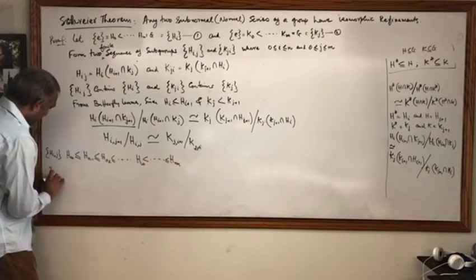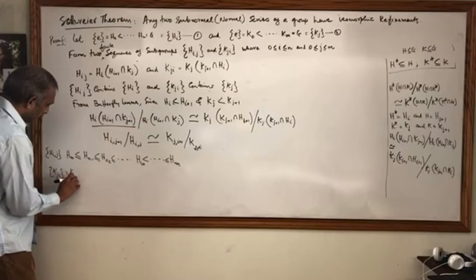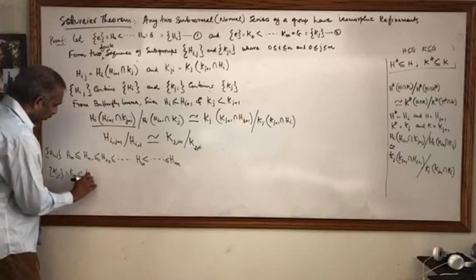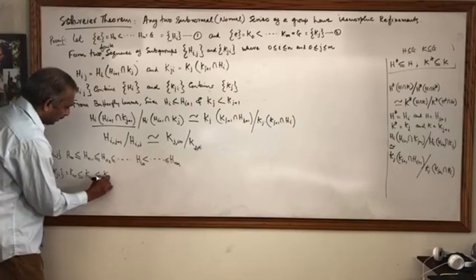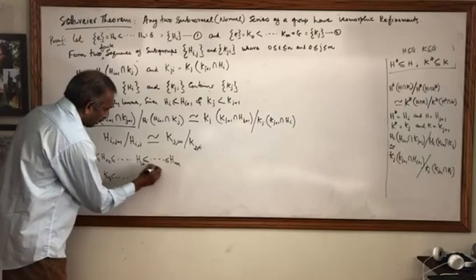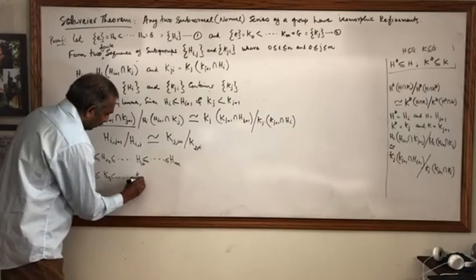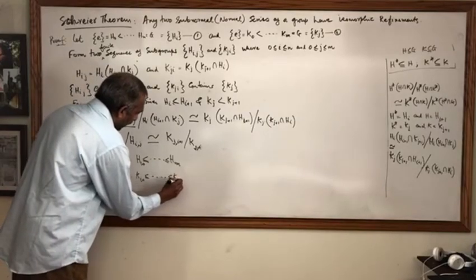And Kji will be K00, K01, K02 dash dash dash. Here you will have K10, KMN.